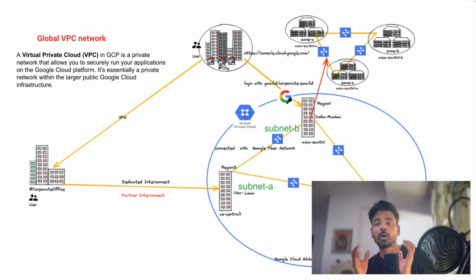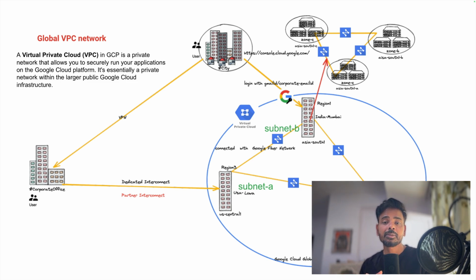Now coming to the subnetwork, what is subnet, right? So if I explain the subnetwork, each VPC network consists of one or more IP ranges called subnetworks. What does that mean? The meaning is that whenever you create a VPC, inside the VPC, you have to create multiple subnetworks along with the IP range, right?